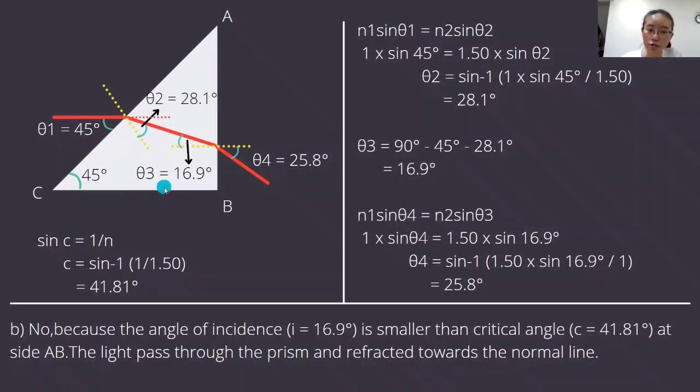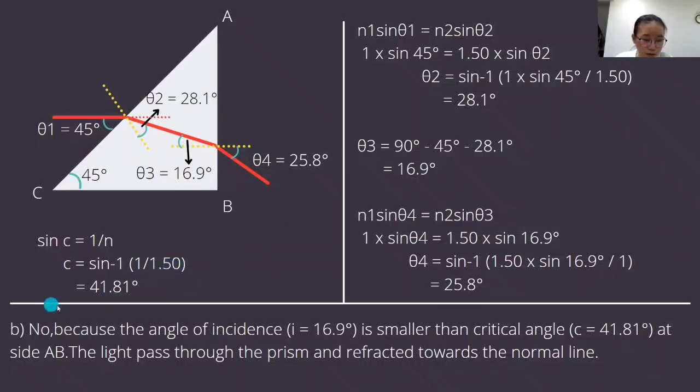To find out θ3, we need to find the angle from the yellow dotted line to the red line here. This small angle here is the same as here. So we just use 90 degrees, subtract 45 degrees and subtract 28.1 degrees, and we will get the answer 16.9 degrees. Lastly, we just need to find this angle by using this formula again, and we'll get the final answer 25.8 degrees.